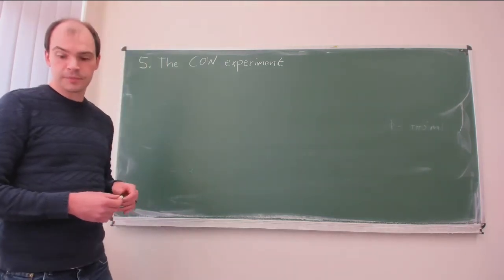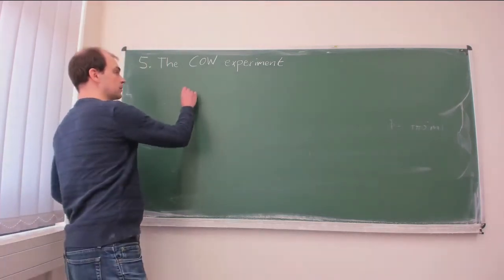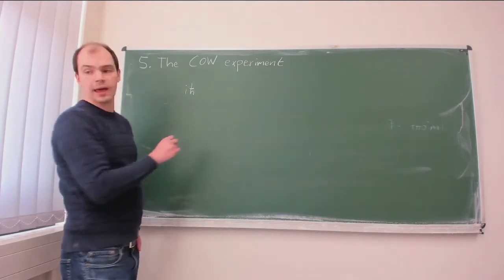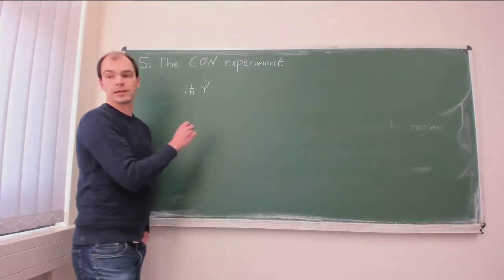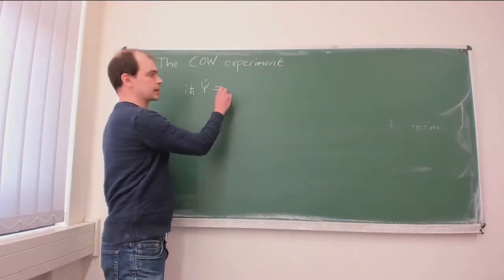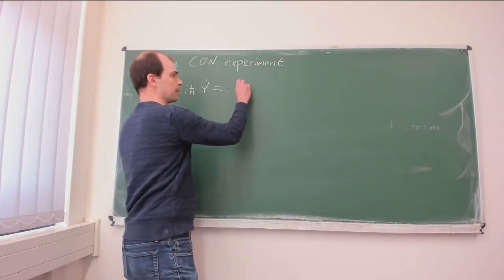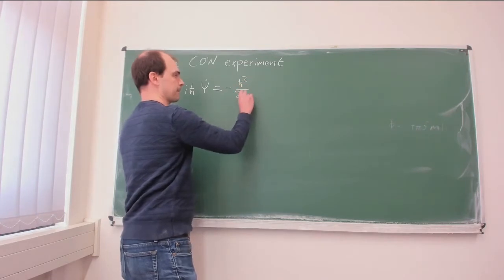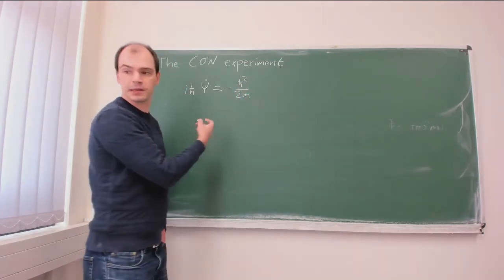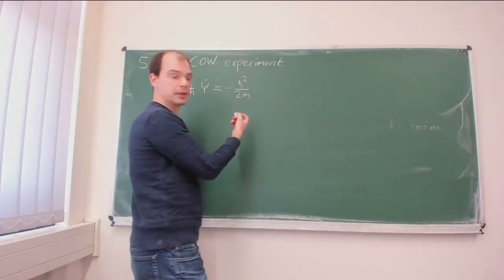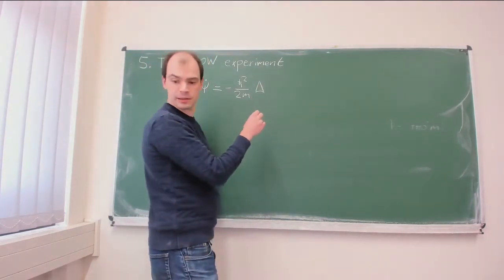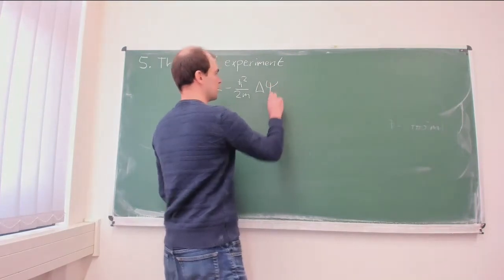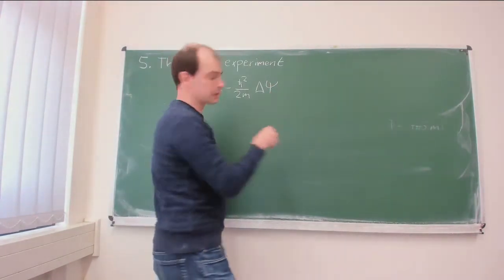So the Schrödinger equation, as you know it, i h bar psi dot equals minus h bar squared divided by 2m times the Laplace operator psi plus V psi.